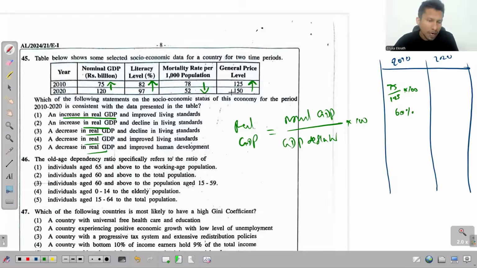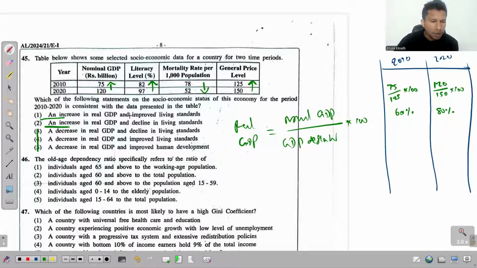And then in 2020, if you calculate the same thing, nominal GDP is 120 and the general price level, GDP deflator, is 150. So 120 over 150 into 100 is just 80%. Then what has happened to the real GDP? That has increased. So either this or the second one has to be the answer. We can cut all the other options.